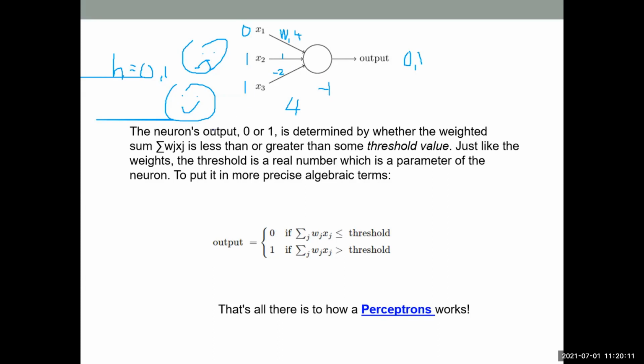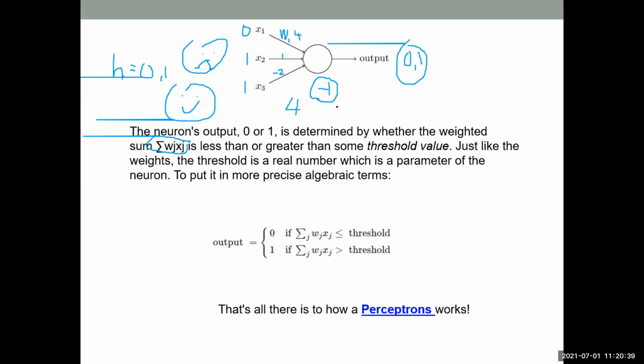And then we want to know what's the output going to be. So what's the output going to be? The output 0, 1 is determined by whether this sum, which is what we just did, we just got -1, is greater than or less than some threshold value.